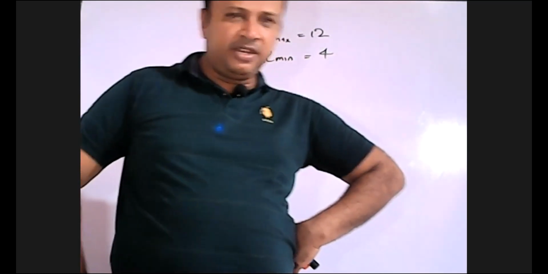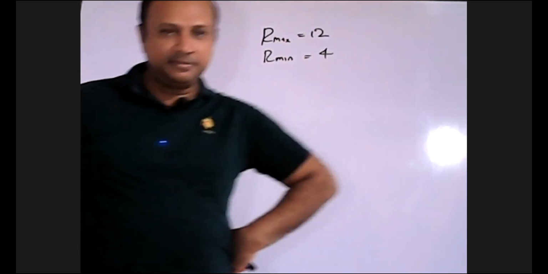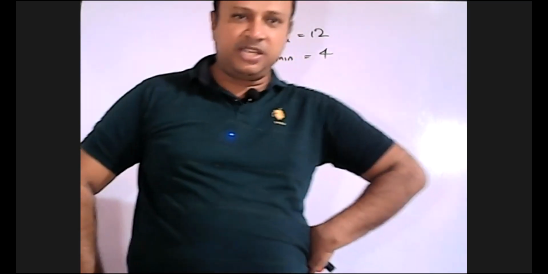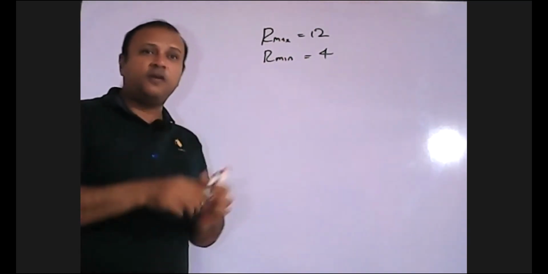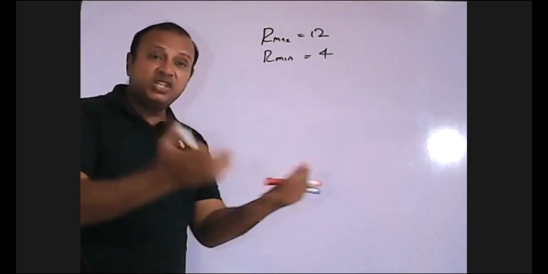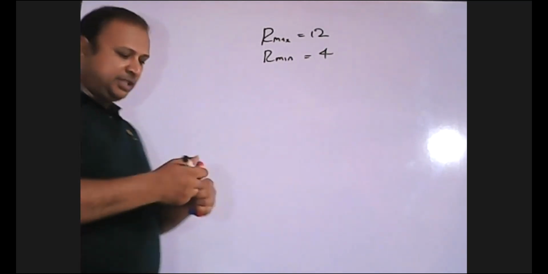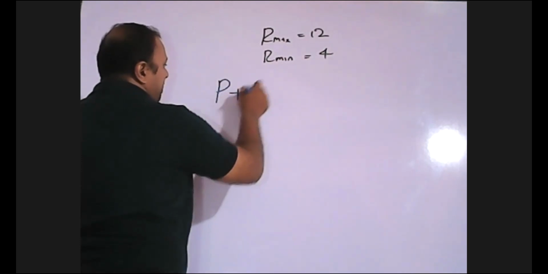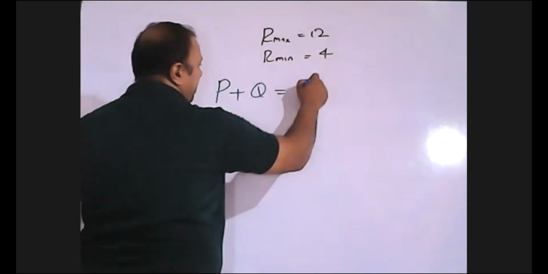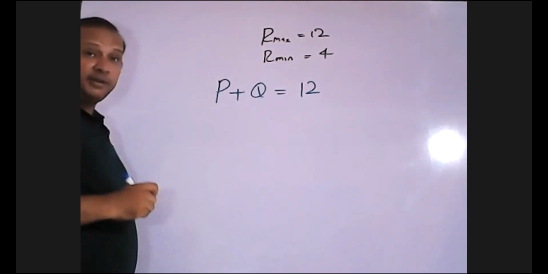Yes, very good. Addition and subtraction, very good. The maximum resultant force of two forces is equal to the addition of the two forces, P plus Q, which is equal to 12. That is the maximum one.